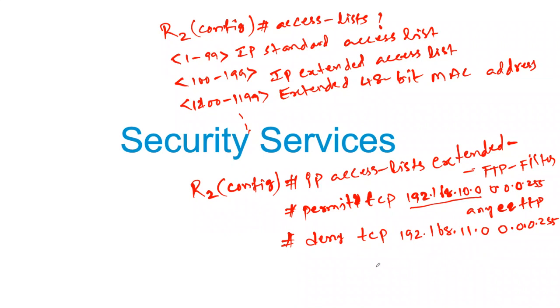Okay, so any traffic that comes from this network, that is equal to FTP, will be denied.